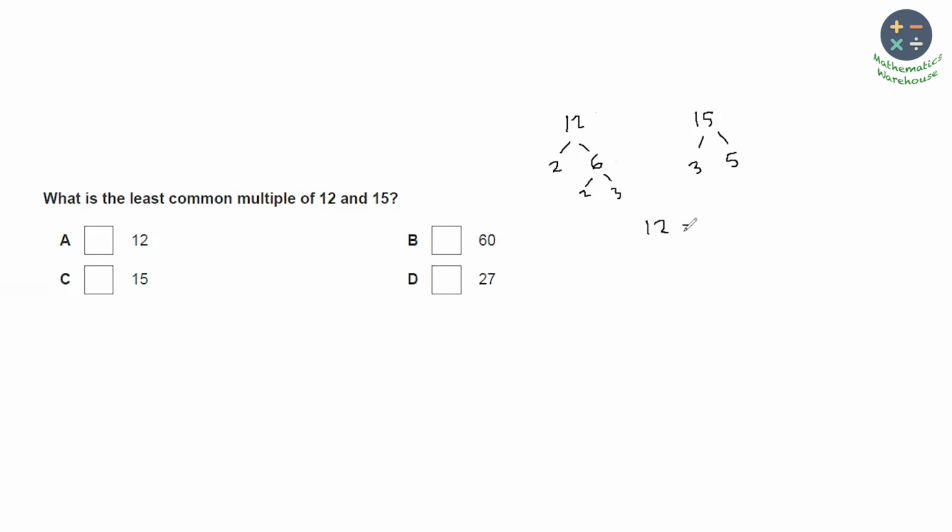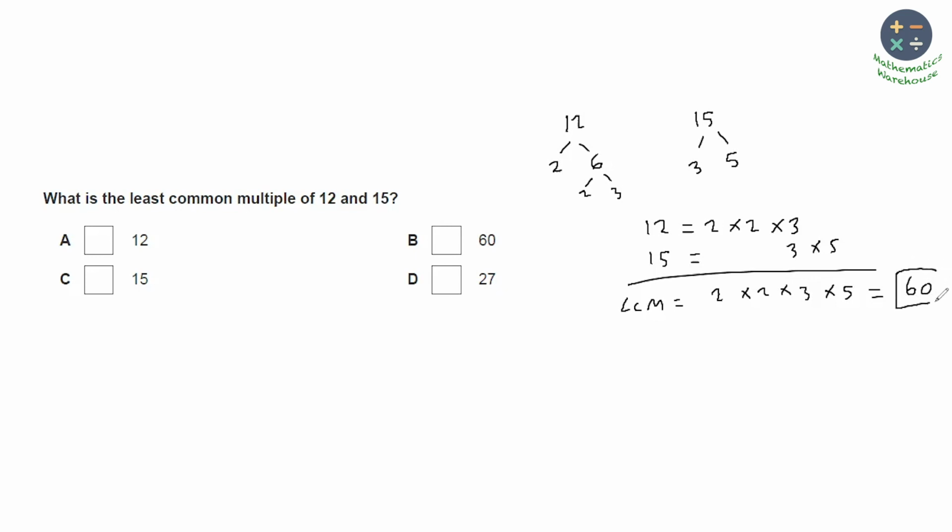So we can write 12 as 2 times 2 times 3, and 15 as 3 times 5. Now for the LCM, take one from each column. So it's 2 times 2 times 3 times 5, which equals 60. So the answer here is 60.